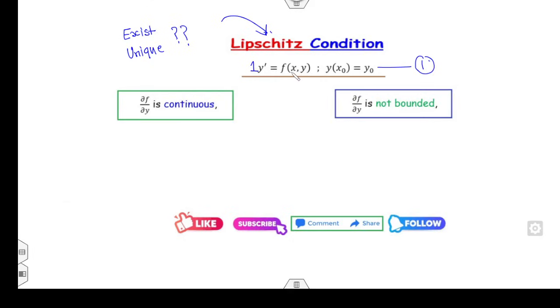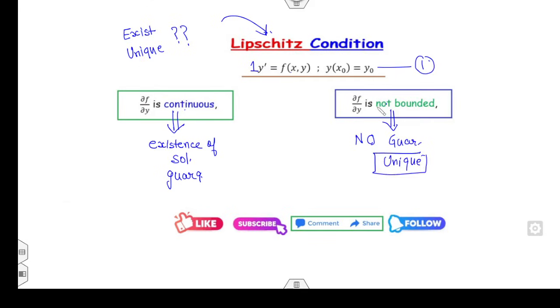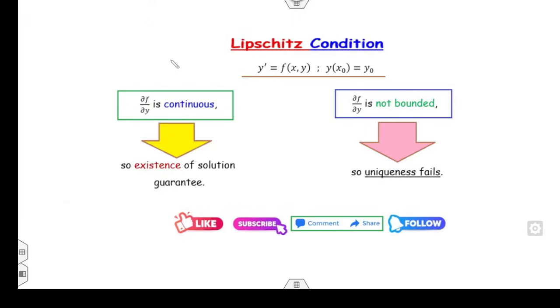If del f upon del y is continuous, then you can say the existence of the solution is guaranteed. And if del f upon del y is not bounded, then there is no guarantee of uniqueness. And if del f upon del y is bounded, then yes, there is a guarantee of uniqueness as well. Once uniqueness fails, you have to apply Picard's method to check whether there is a unique solution, infinitely many solutions, or no solution.